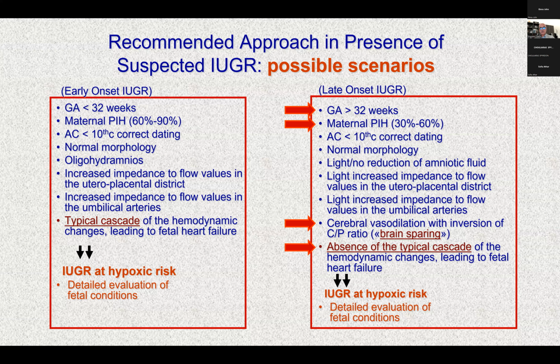But I want to tell you that it is very important to make the diagnosis of this challenging condition, because also these fetuses are at risk of oxygen deficiency and may have oxygen-related injuries in some organ systems, and particularly in the brain, and this scenario may produce also a fetal death in utero.